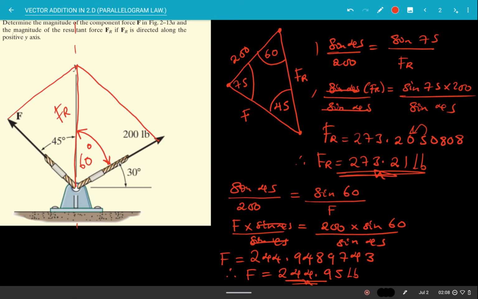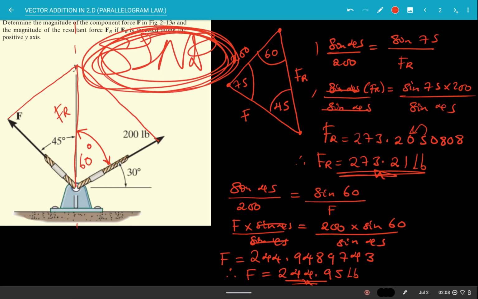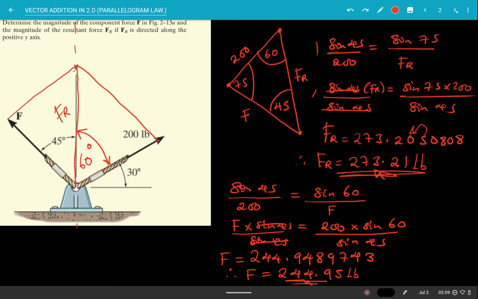So remember, always extend your lines, draw parallel lines, then before you even draw the resultant line, find the angle in between the two forces or vectors in question. Then after that, draw the resultant line, then pick a shape you want, just get one shape to give you everything you need. Then apply either the sine or cosine rule. In this case, we're applying the sine rule, and it has worked, which means that the sine rule doesn't necessarily just work for the direction, it can even work for the sides.